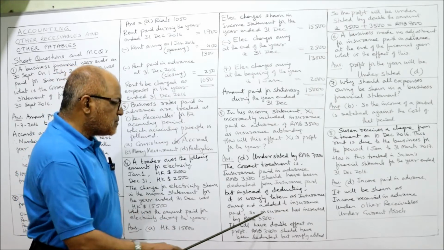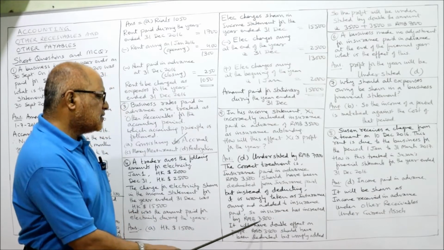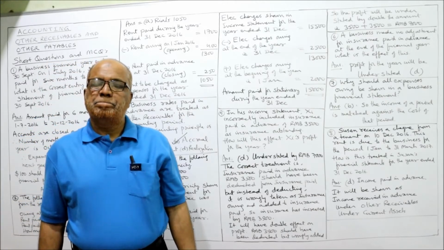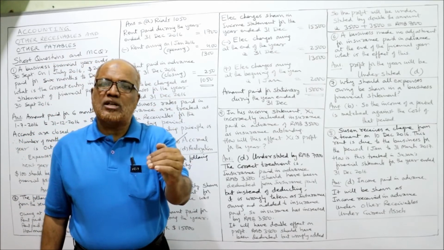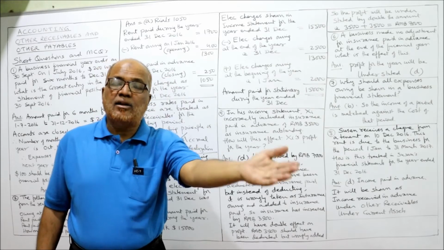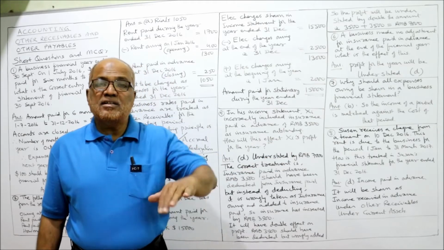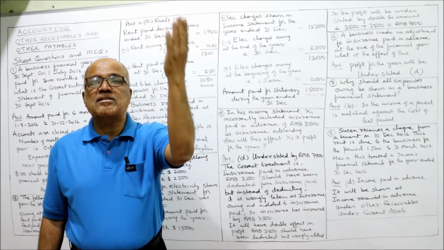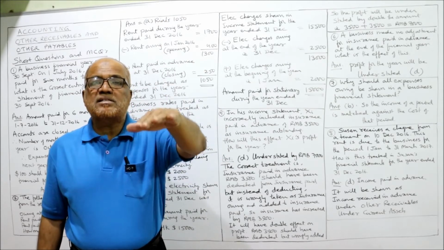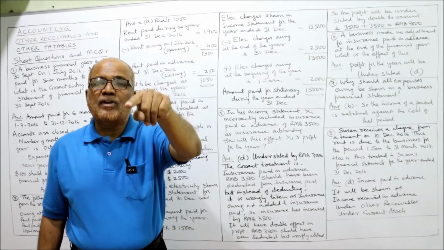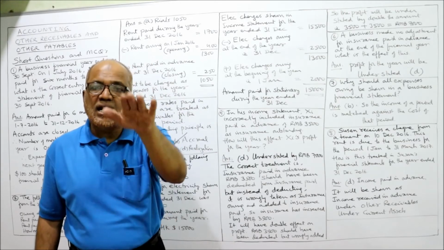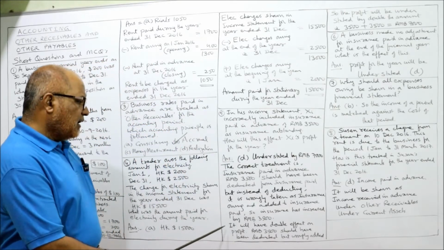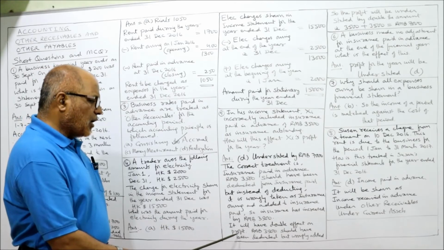So the insurance has been increased by 3,500. Instead of deducting from insurance paid, it has been added to insurance. When it is added, the insurance will increase and the expenses will increase. When expenses increase, the profit will decrease, understated. It will have a double effect on profit.